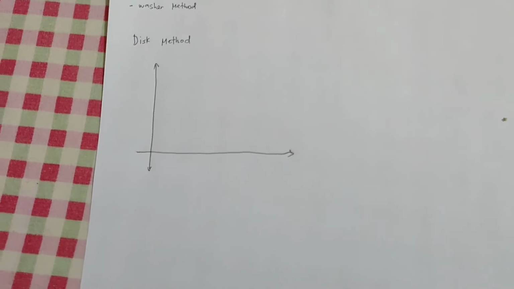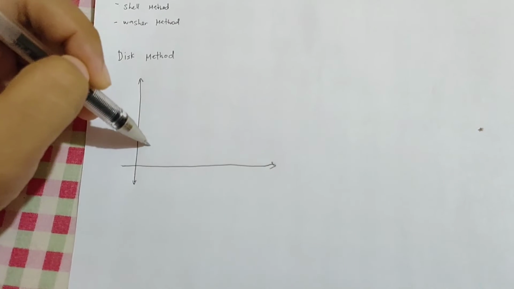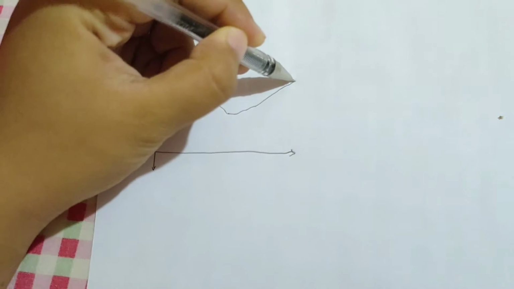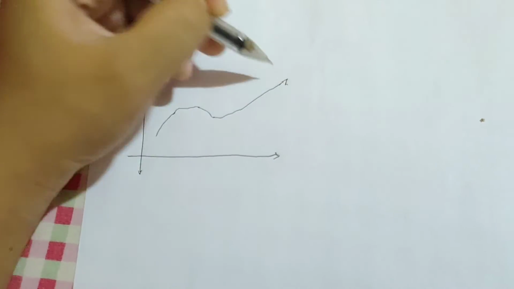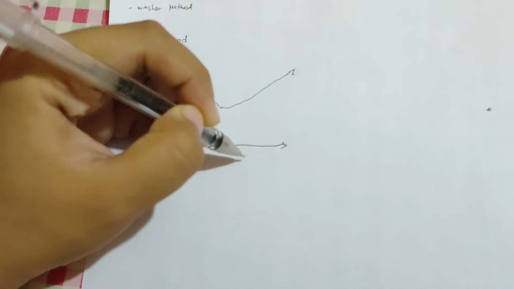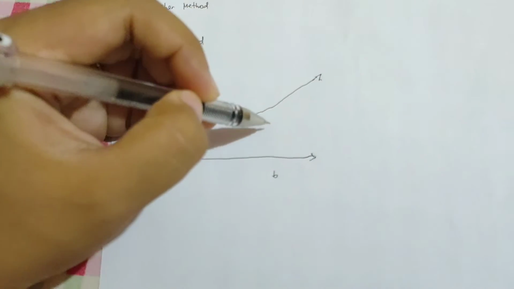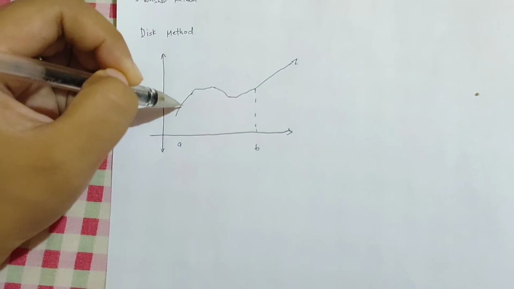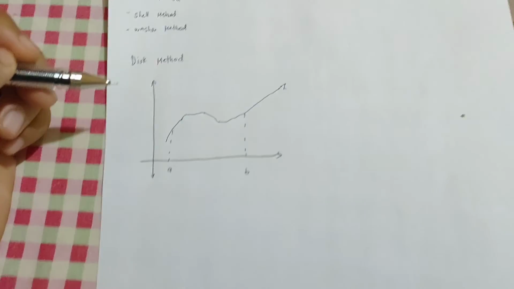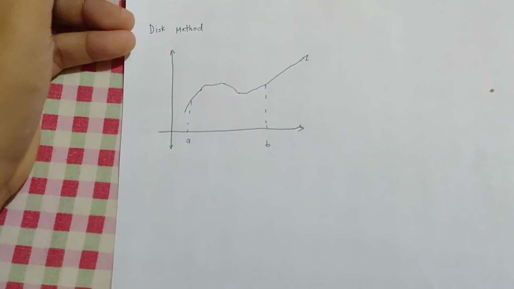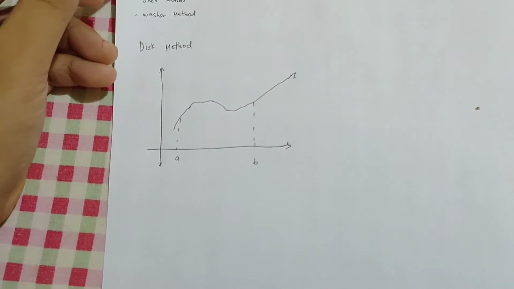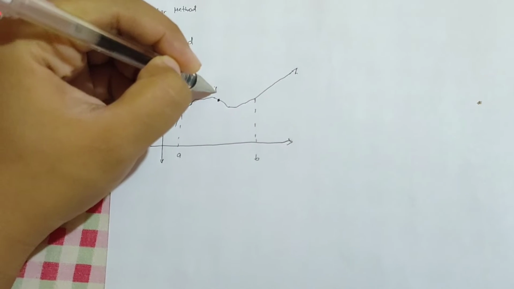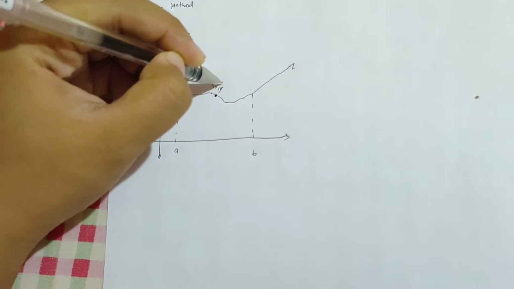The concept of a disk method is when you draw a curved line here and your limit is here to b, we'll first draw a broken line here. And at this point, this will be our x and y.